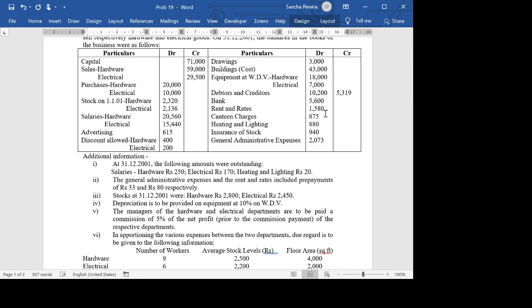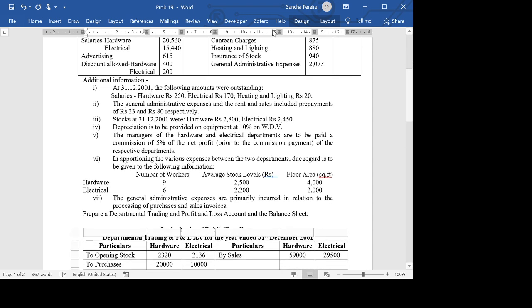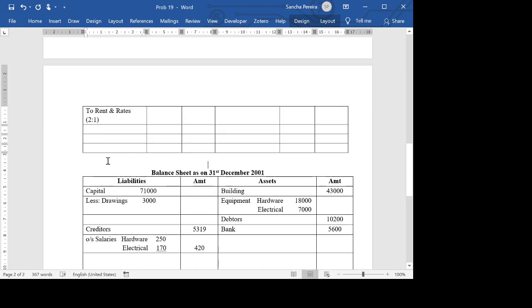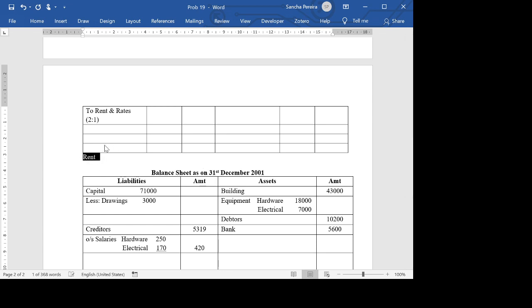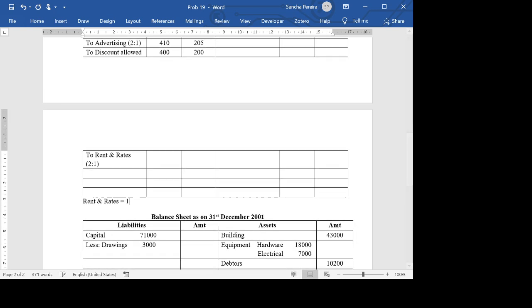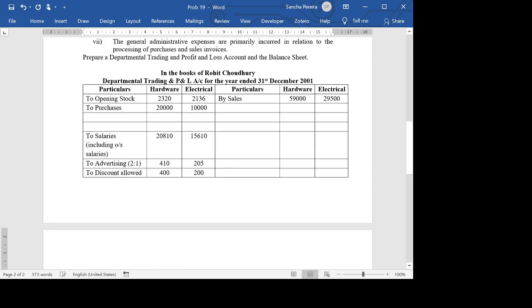Now, rent and rates, before I forget, there is an adjustment. The general administrative expenses and the rent and rates included prepayments of rupees 33 and rupees 80 respectively. So basically your rent and rates is equal to the amount that they have given, 1580 minus the prepayment.